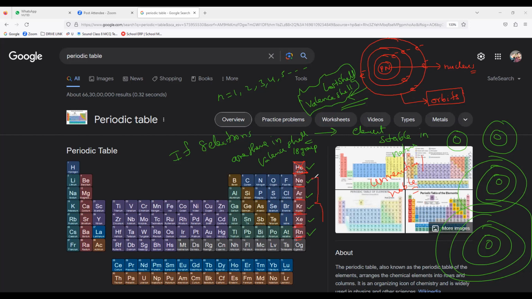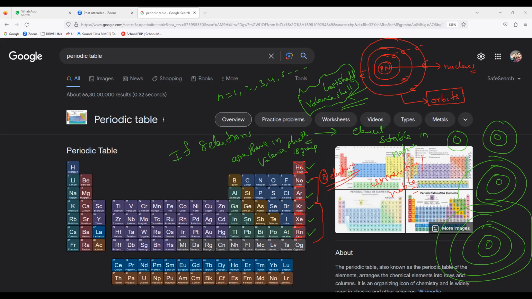In the next chapter, we will study the structure of atoms. In every one of these elements, in the valence cell, how many electrons are there? 8 electrons are there. That is why they become stable. But the remaining elements do not have 8 electrons.